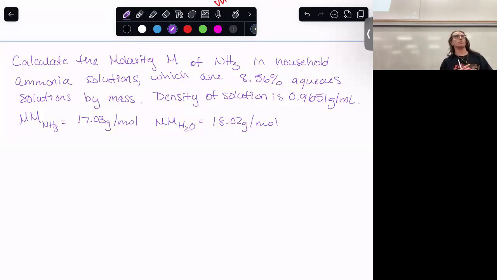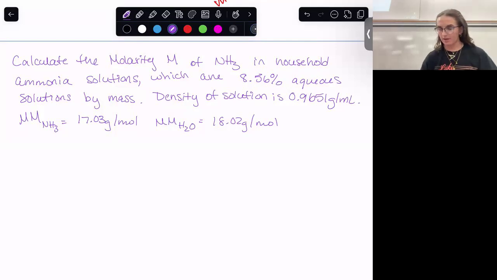How are we going to go about this one? What can we assume when it's percentage by mass?